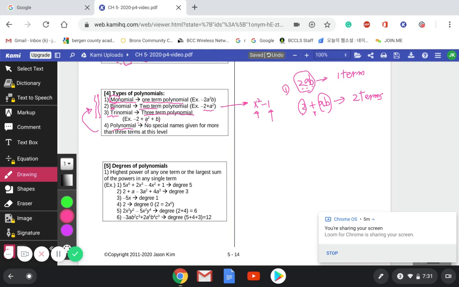But when you have 2 plus a minus b, they consist of an addition operator and a subtraction operator. Then you have three individual terms, 2 as one term, a as a term, and b as a term. So it has three terms, and we call this one a trinomial.